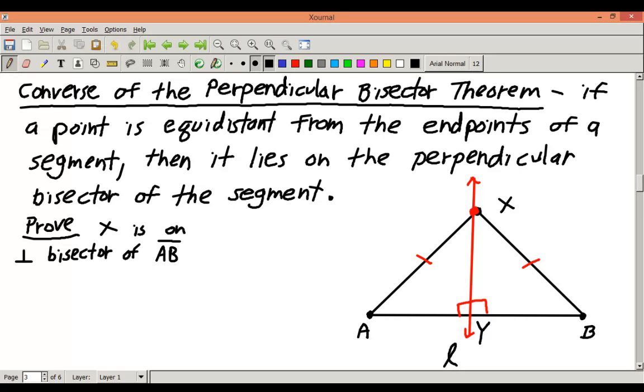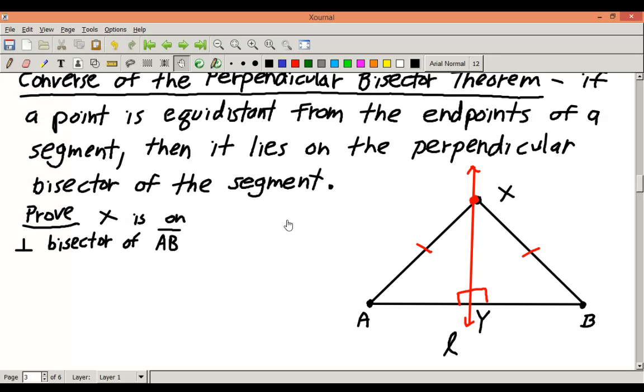Right now we know the line L is perpendicular to segment AB because that's the way we drew it. But we want to make sure that it's the perpendicular bisector of segment AB. So we don't know that segment AB got bisected. So the way we'll prove that segment AB got bisected is we'll prove the two triangles congruent. Well, we know that AY is congruent to itself by reflexive property.